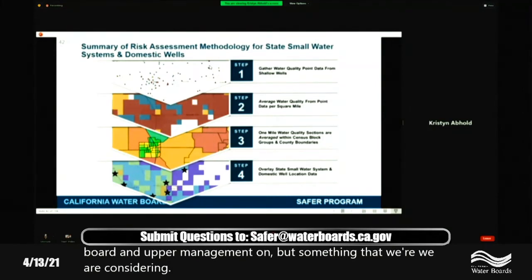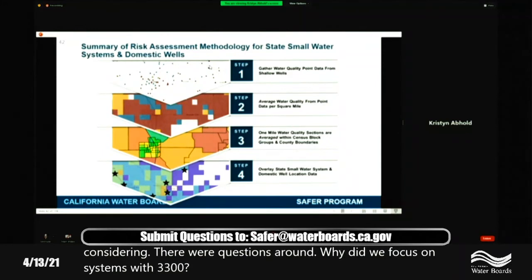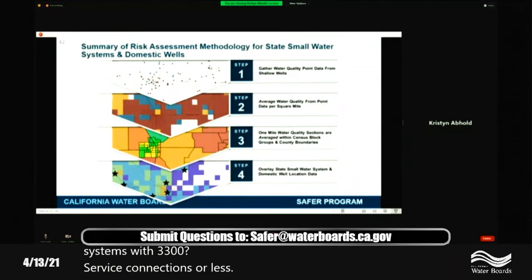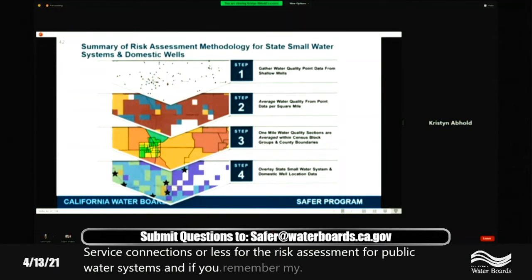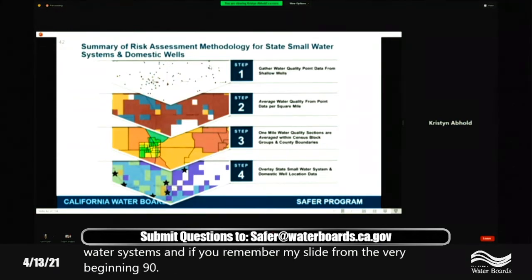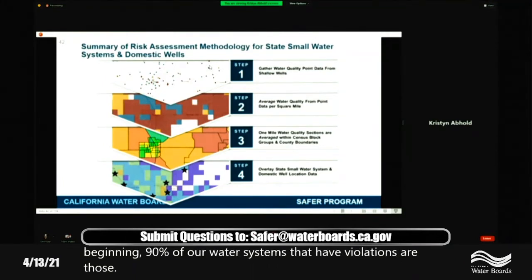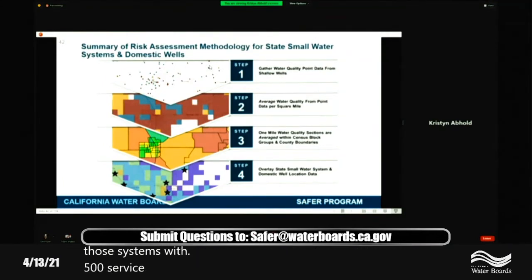There were questions around why we focused on systems with 3,300 service connections or less for the risk assessment for public water systems. If you remember my slide from the very beginning, 90% of our water systems that have violations are those systems with 500 service connections or less. It's really those small water systems.